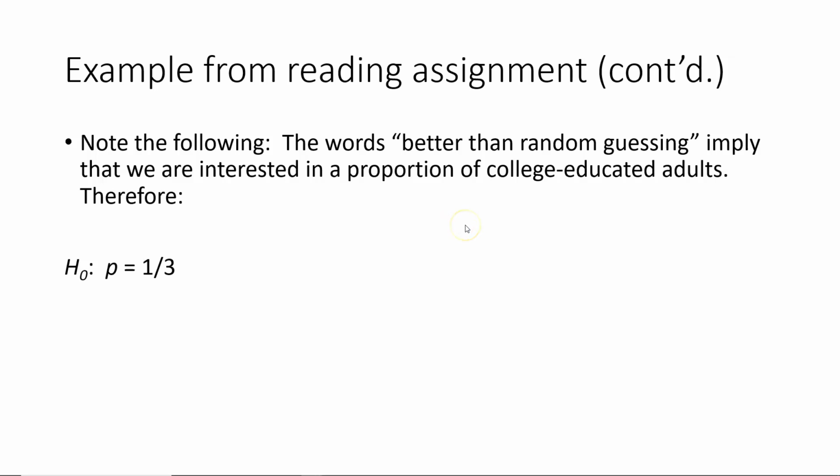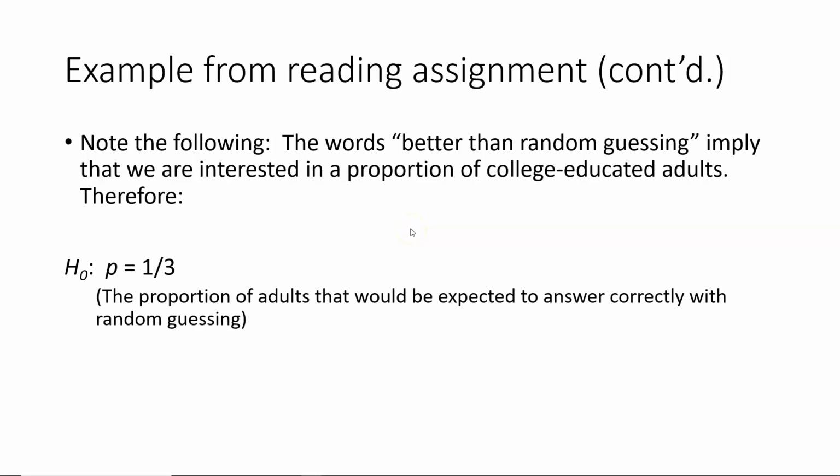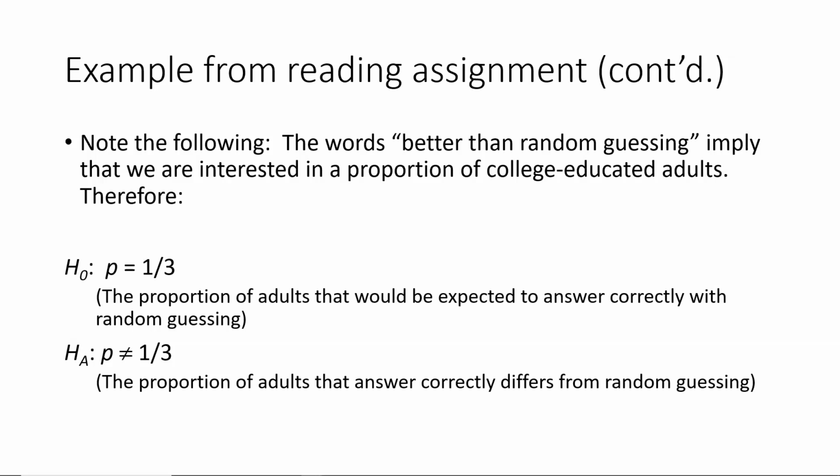Therefore, our null hypothesis will be that the population proportion is equal to a 1 out of 3 chance of guessing the answer correctly. Again, that's a skeptical position because it is basically saying that the chance is no better than random guessing on that particular question. The alternative would be that the population proportion differs from 1 out of 3. In other words, the proportion of adults that answer correctly differs from random guessing.